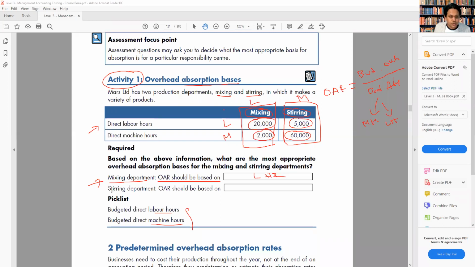And the string department OAR should be based on what? Machine or labor? Machine hour. Very well done, Abdi. Very well done, Adil. Very well done, Janos. Yes, so we have the right answer. So that's how we need to identify that.